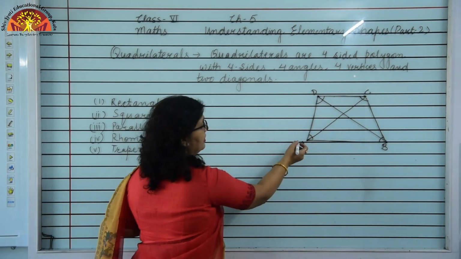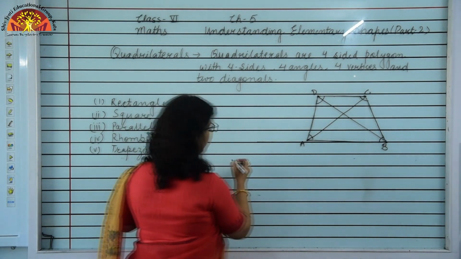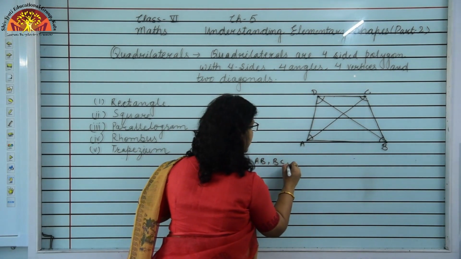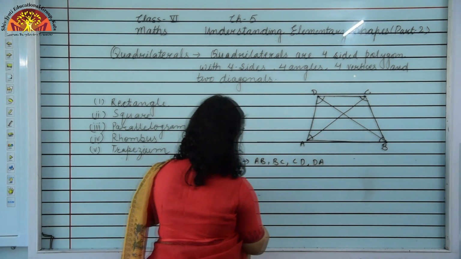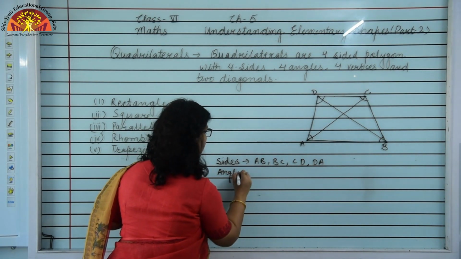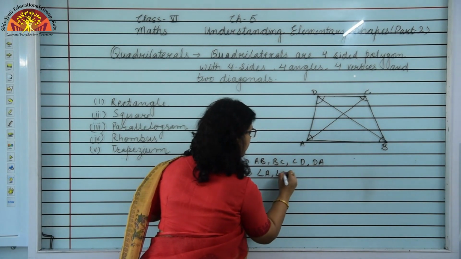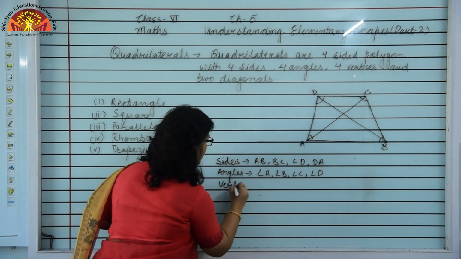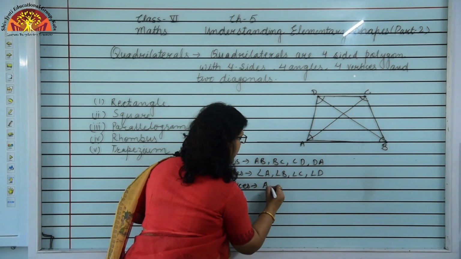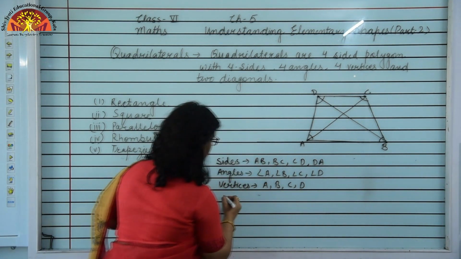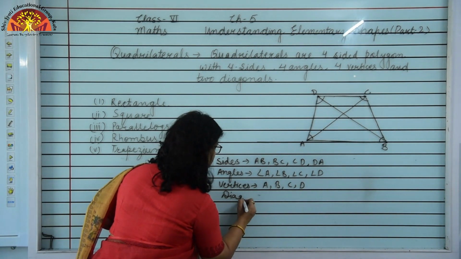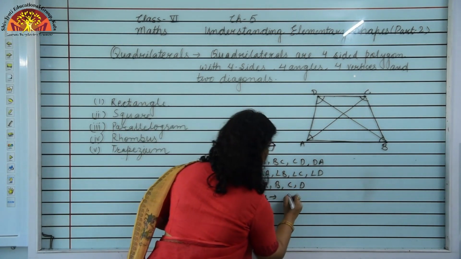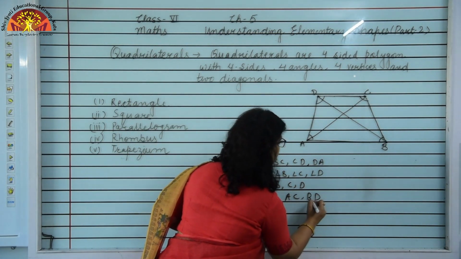So in this quadrilateral we have 4 sides, that is AB, BC, CD and DA, 4 angles, that is angle A, angle B, angle C and angle D, 4 vertices, that is A, B, C and D, and 2 diagonals, that is AC and BD.